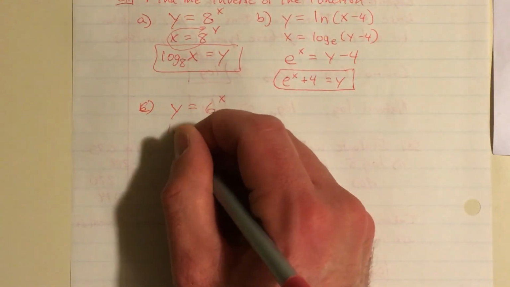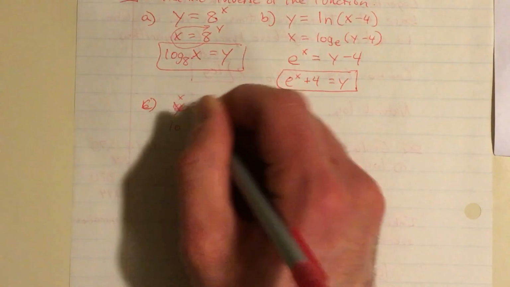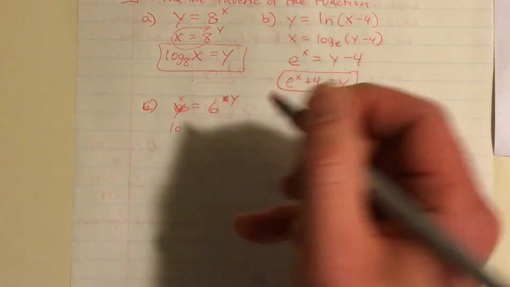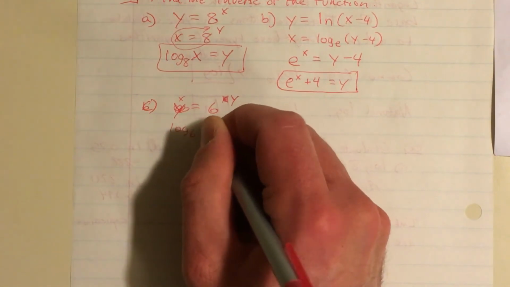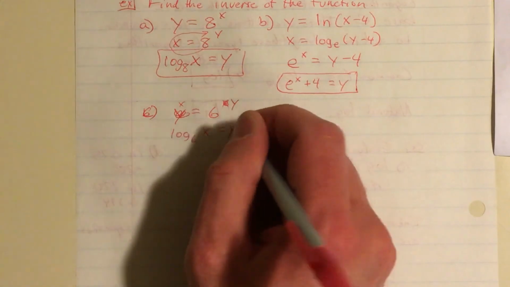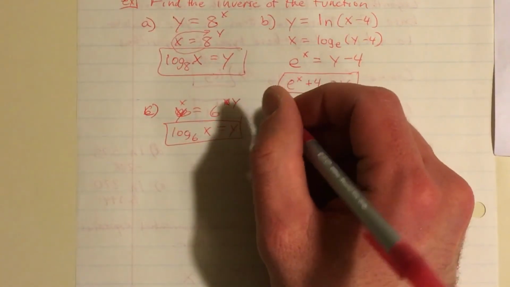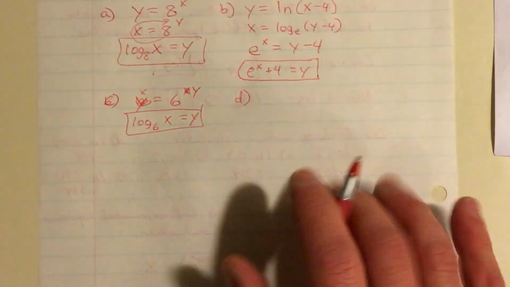All right, so log, oh, sorry, I'll swap my x and y real quick. Pretty quick. So log base 6 of x equals y. Boom. And then finally, let's do another arrangement here.